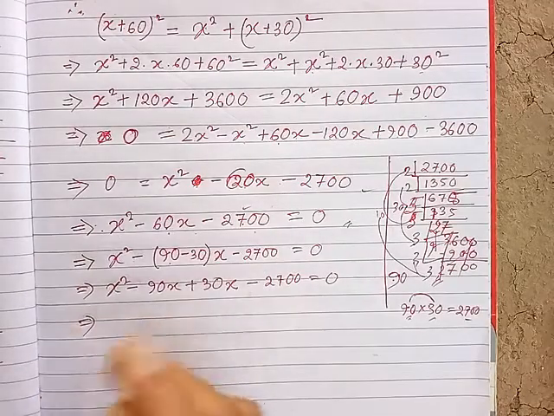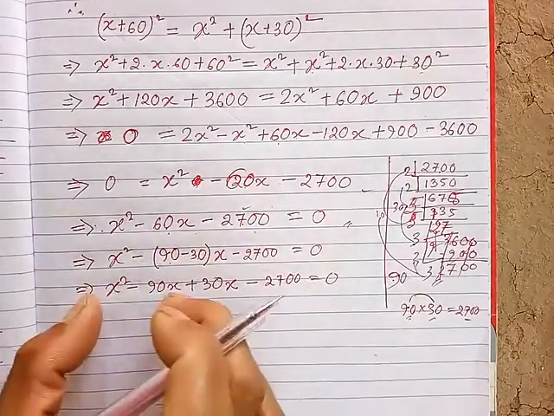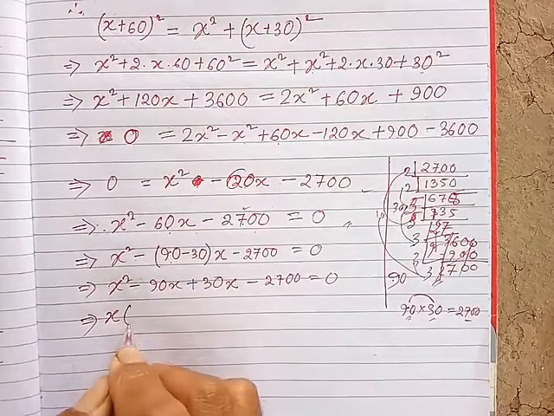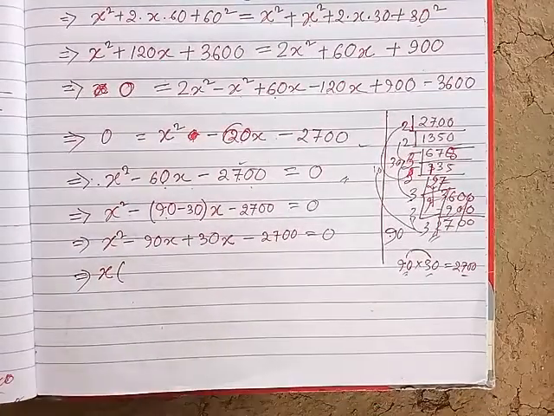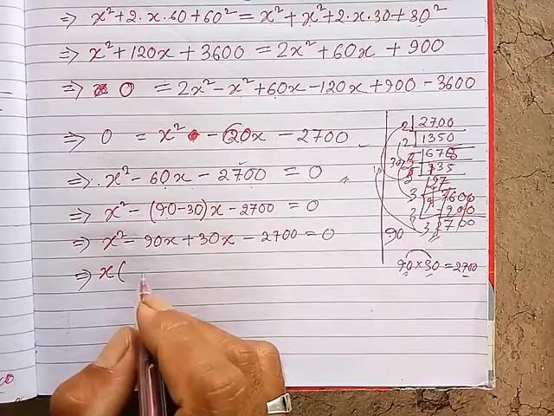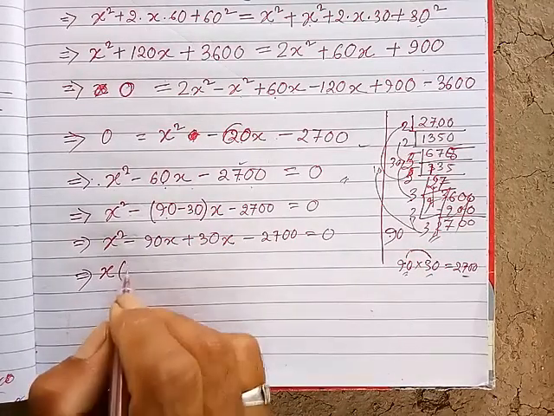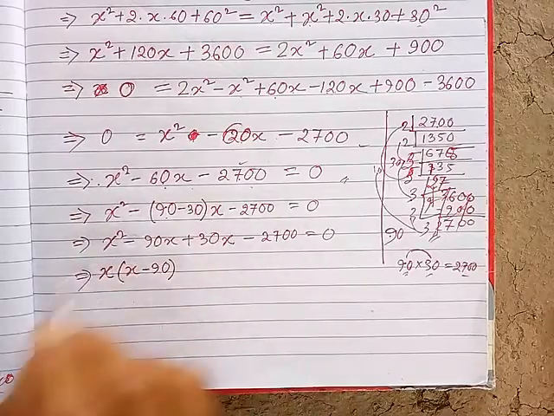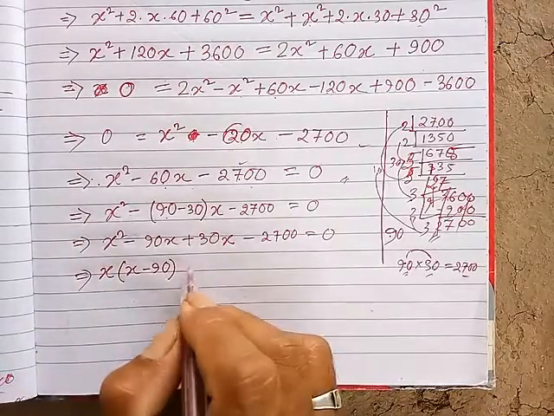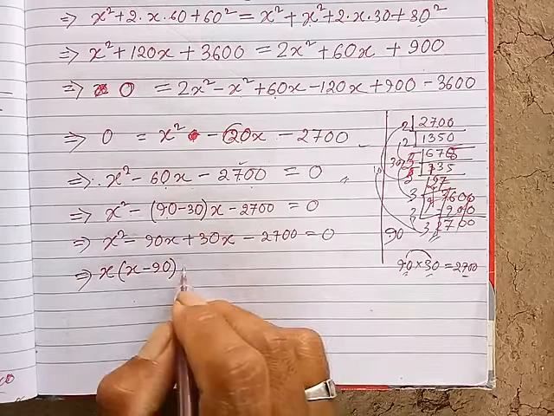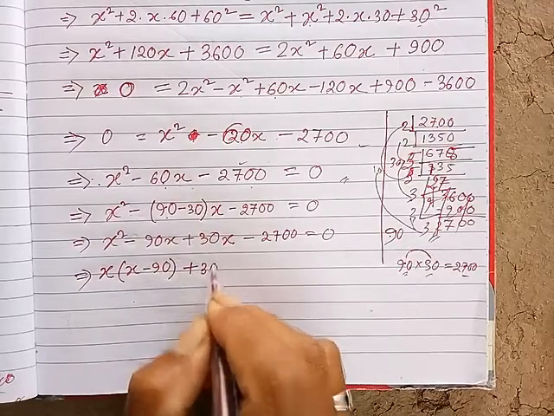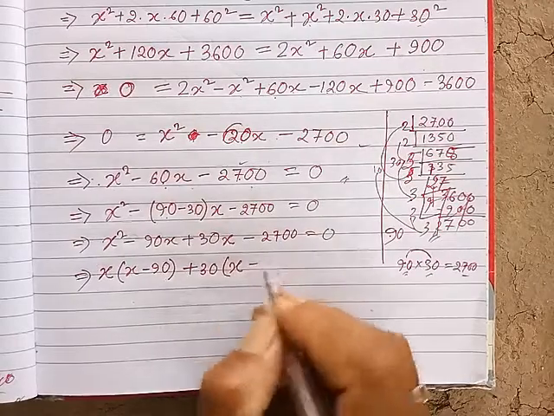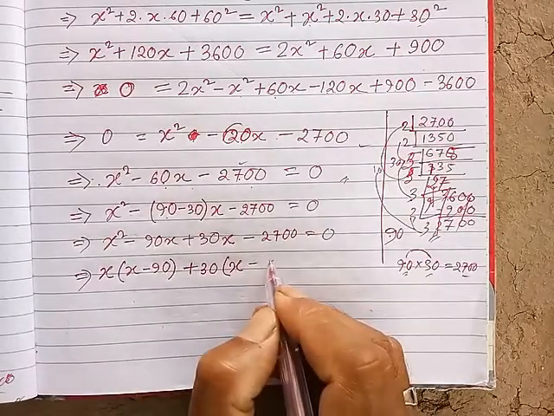And from these two parts, I'll take common. From the first two terms, x is common to both. I took x as common, x minus 90 inside the bracket. And from here I'll take 30 as common, plus 30, x minus 90 remains inside the bracket.